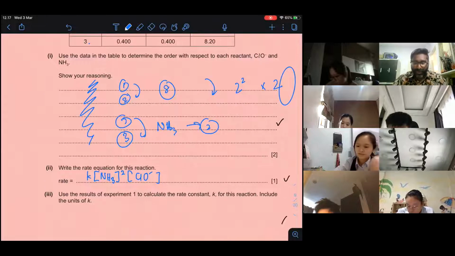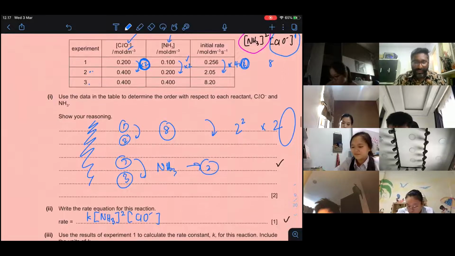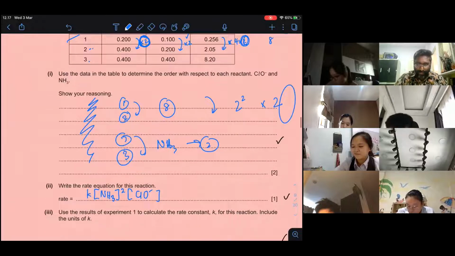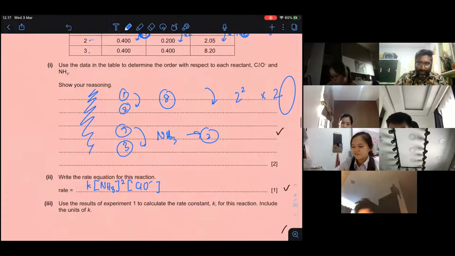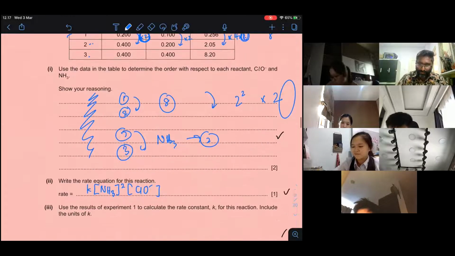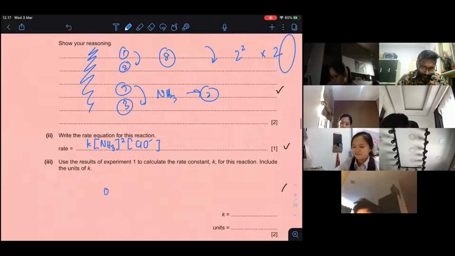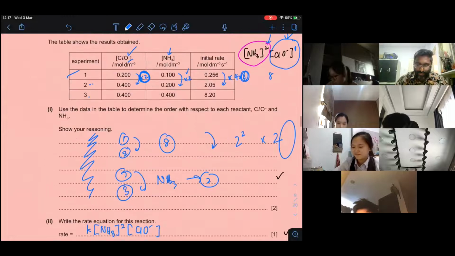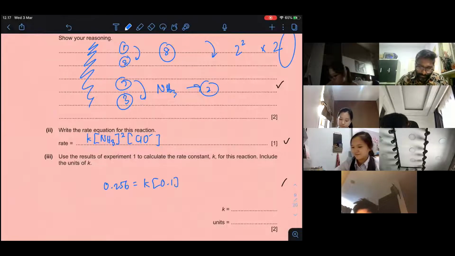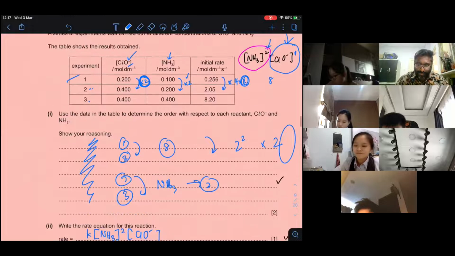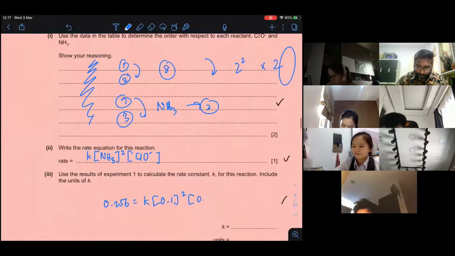Use the result in experiment 1. They mentioned use the data in experiment 1 to calculate k. So the rate is going to be 0.256, k, concentration of ammonia is 0.1 to the power of 2, concentration of ClO minus is 0.2.